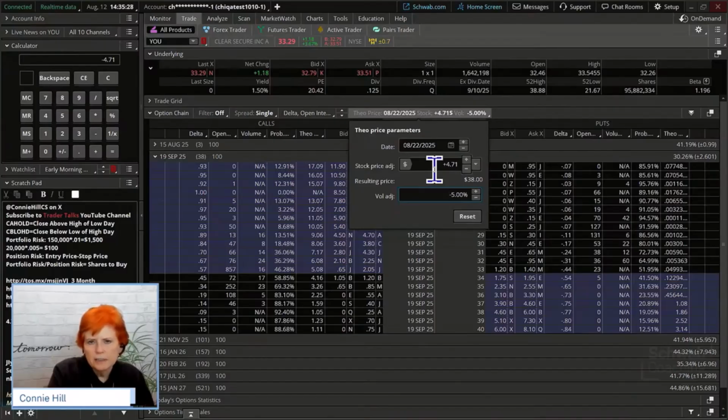So theoretically, the 32 strike price we might buy for 225. And it's saying, okay, in a perfect world, if it went up $4.71, which maybe it doesn't, maybe it even goes down, and implied volatility drops 5%, the value of the option roughly might be around $6.08.